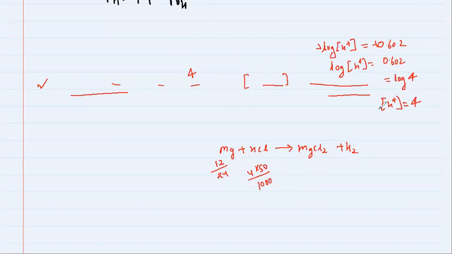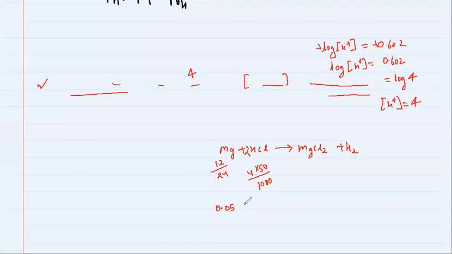Got it? Tell me, got it? So you have to see out of these two. Obviously, it will be 2, because balancing the reaction gives 2. So this is a balanced reaction, and it will be 1.2 divided by 24, which is 0.05.